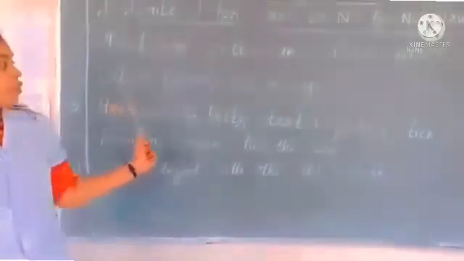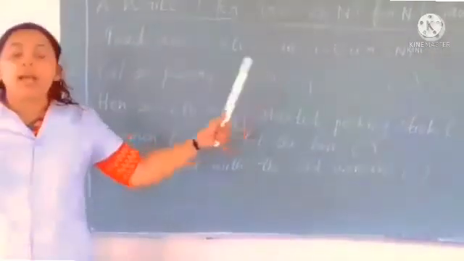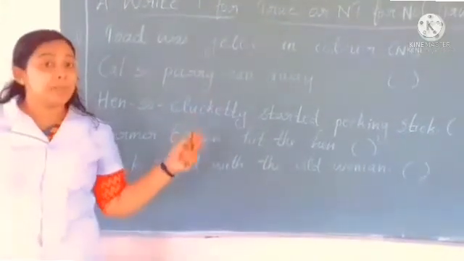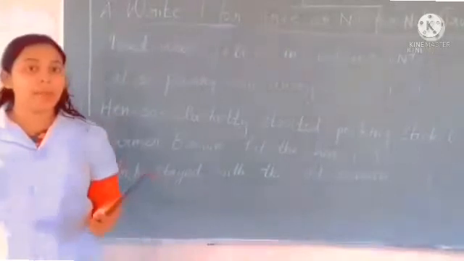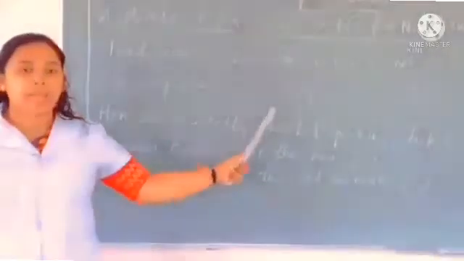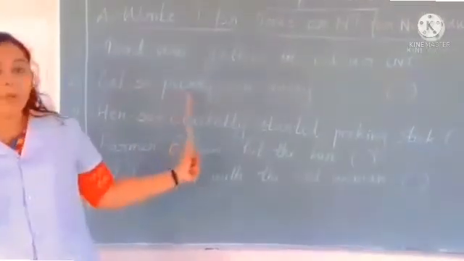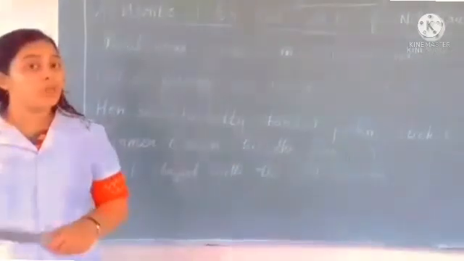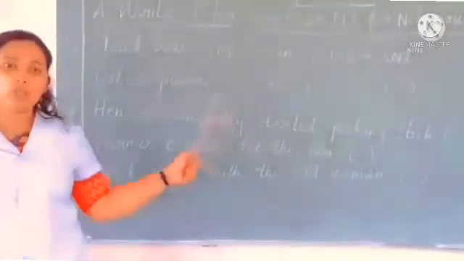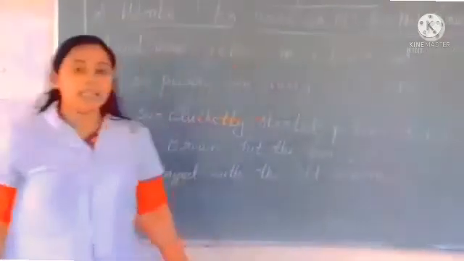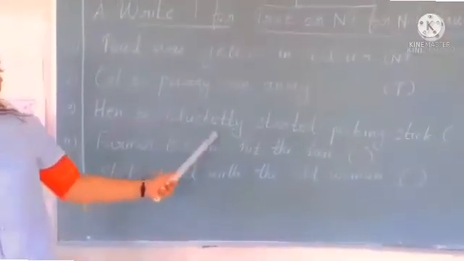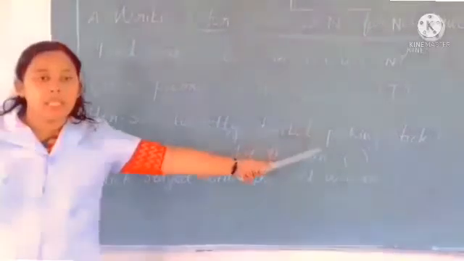Second one, cat so furry ran away. After toad, our stick met the cat. And the cat was very worried about that, and that's why he ran away. So the sentence, cat so furry ran away. Is it true or not true? Yes, that is true. So here we can write T. And the third sentence, hen so cluckety started picking stick.